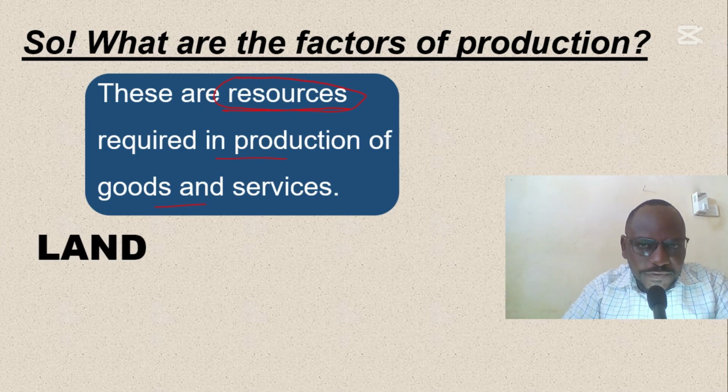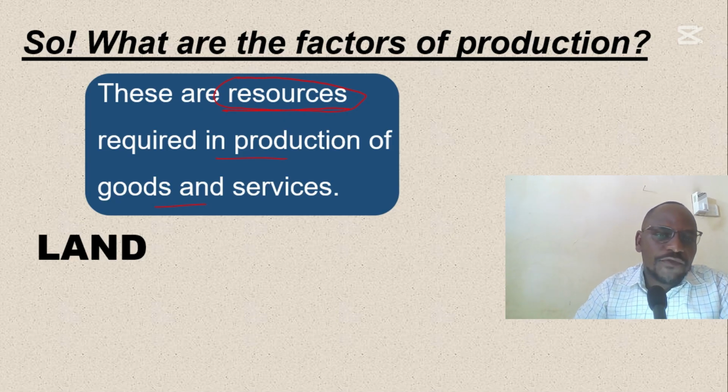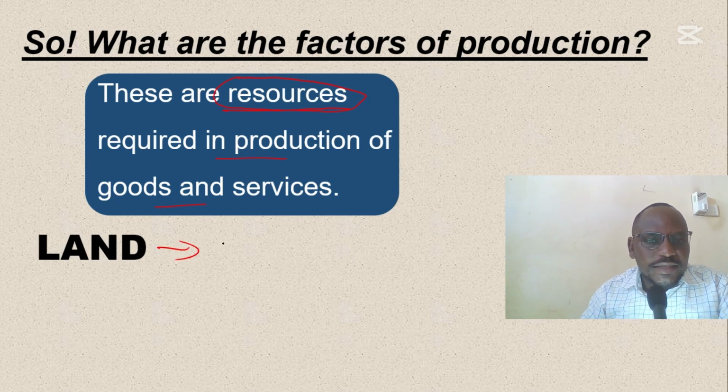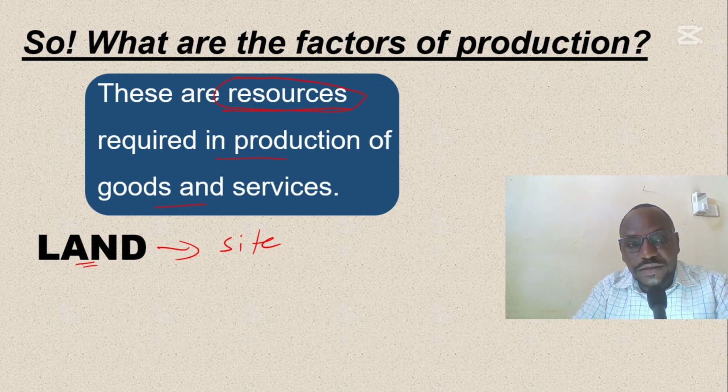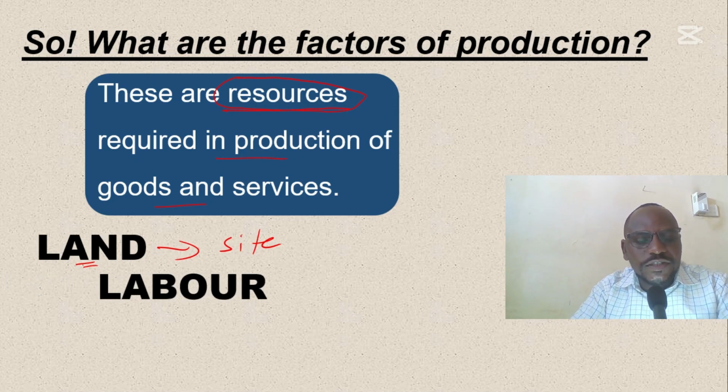What are these factors? We have the first factor of production that must be there. We have land. Think about any agricultural process, any site, any place which is set, any factory must be set in a place where there is some land. We have another one which is labor.